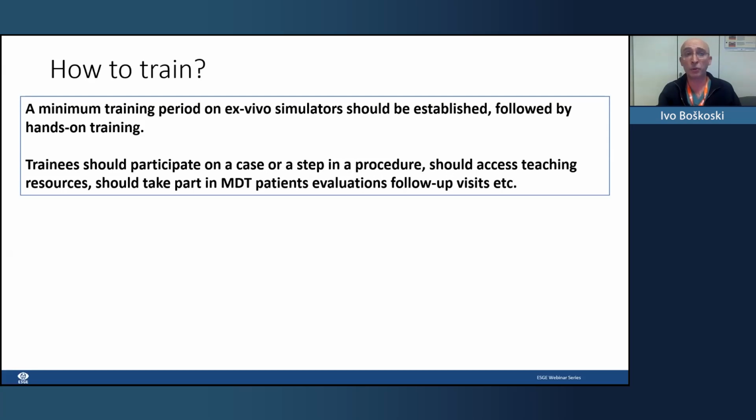For how long to train? A minimum training period on ex vivo simulators should be established, followed by hands-on training. Trainees should participate in a case or a step in the procedure.